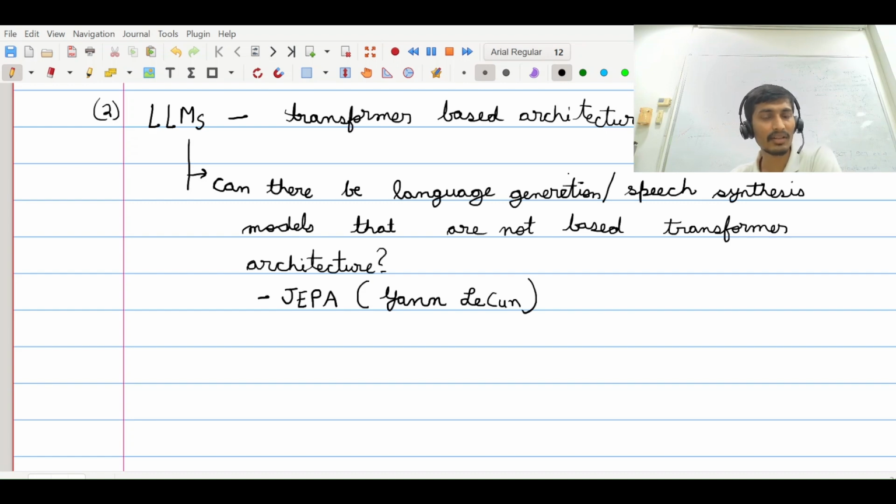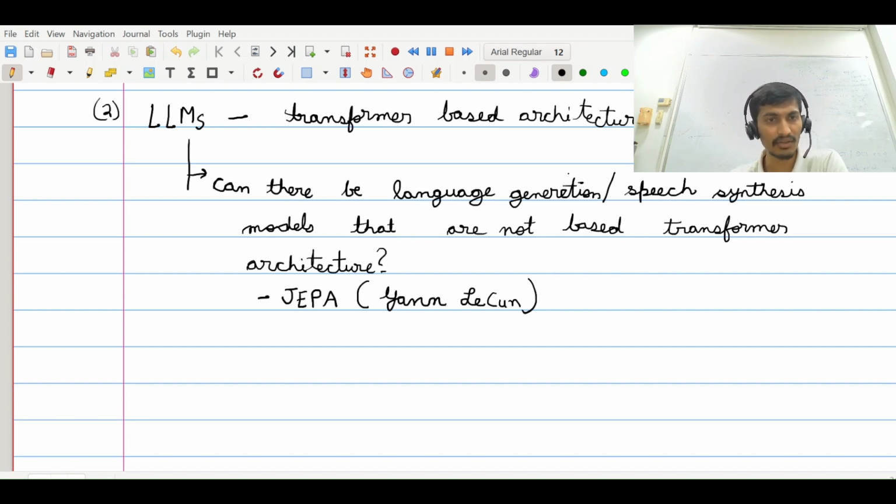I hope that I have got its correct expansion, joint embedding predictive architecture. So yes, there could be architectures which are not transformer based, and they could be able to generate language, generate speech, and do a lot more. But nowadays, most of the LLMs are based on transformer based architecture.